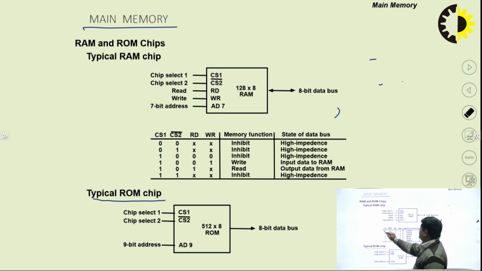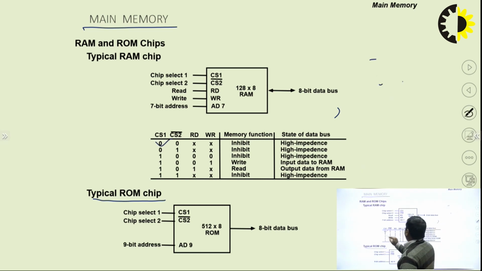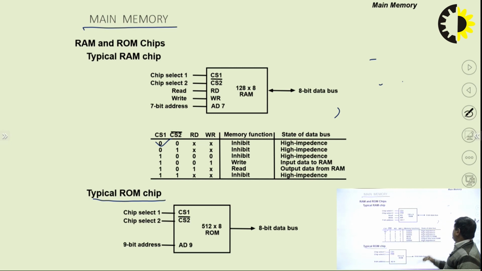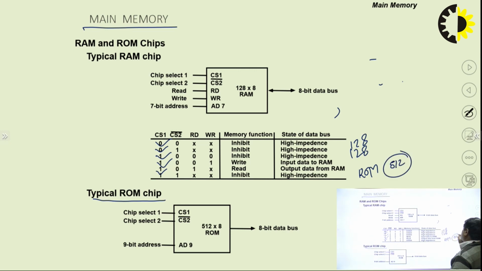This is the first chip of RAM, the size of RAM is 128, and this is the second chip of the RAM, again size 128, this is the third chip, this is the fourth chip, and this is the fifth chip, the ROM, and the size of ROM is 512.